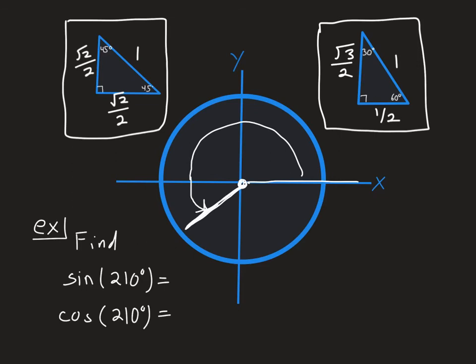And again, we want to draw our triangle so that we have a leg that is touching the x-axis. So I'm going to draw my triangle. I know I'm going to have this line, of course, and then I want to draw it so I have a leg that touches the x-axis. So I'm going to go ahead and draw it like this. Okay, and then we said that I went 30 degrees past 180. So I'm going to go ahead and zoom in a little bit.